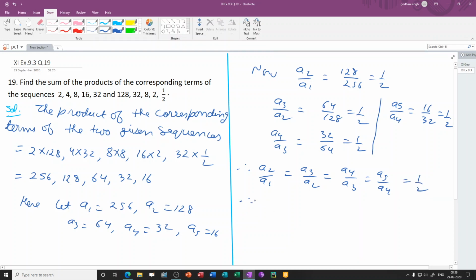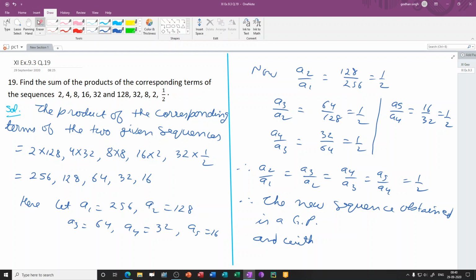Therefore, the new sequence obtained is a GP with A1 equal to 256 and r equal to 1 by 2.